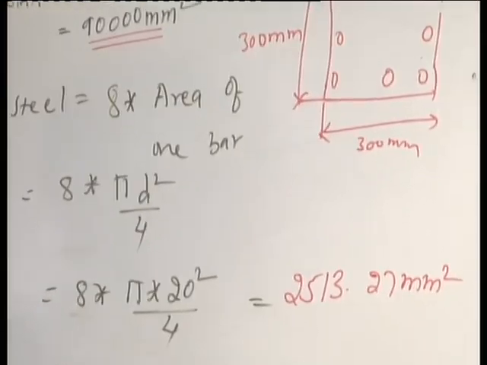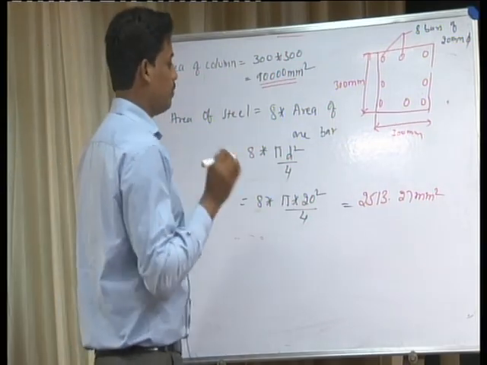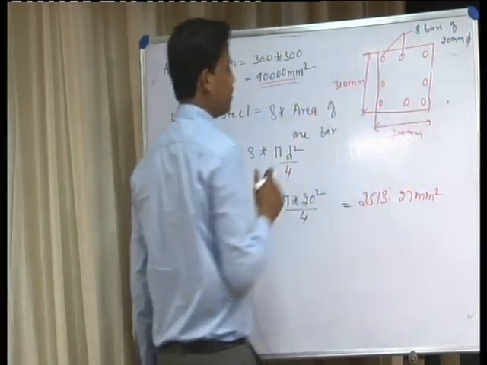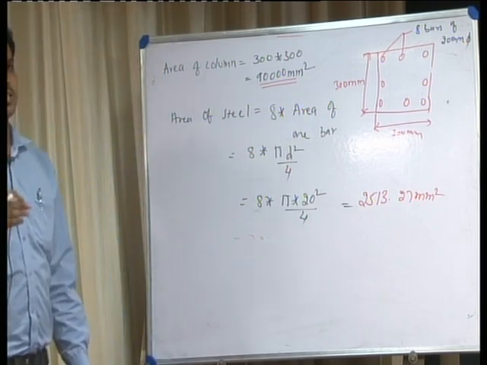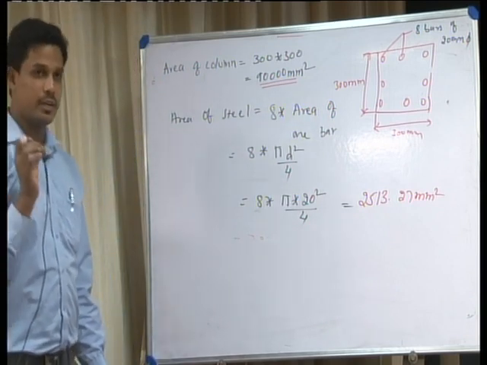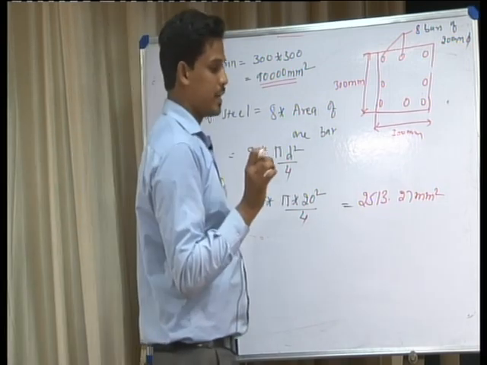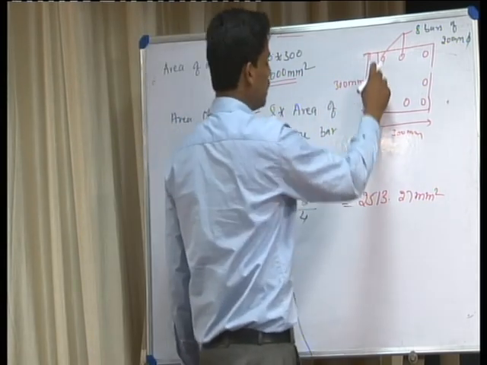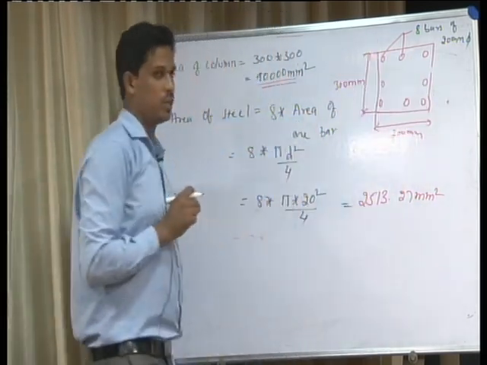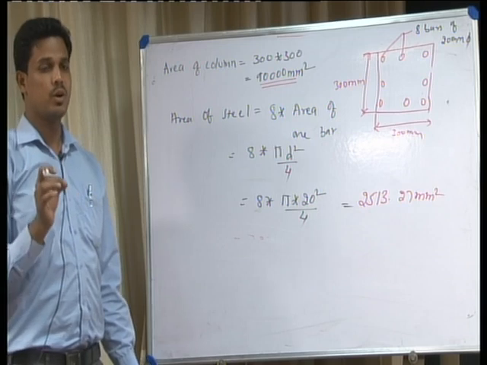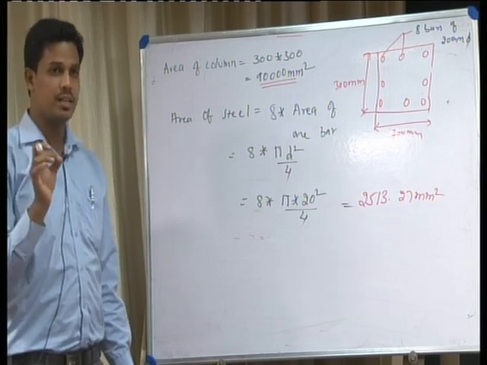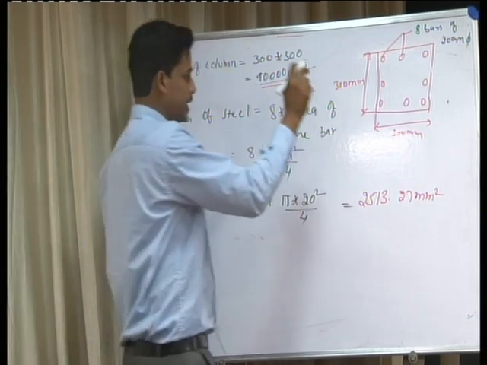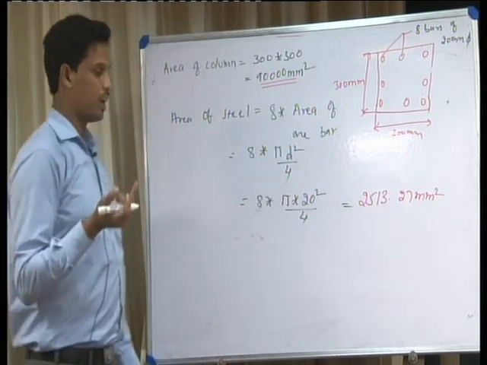Next step, in the second step, we have to find the area of concrete. We have the total area, and we also know the area of steel. If you deduct the area of steel from the total area, we will get the area of concrete. It's very simple.